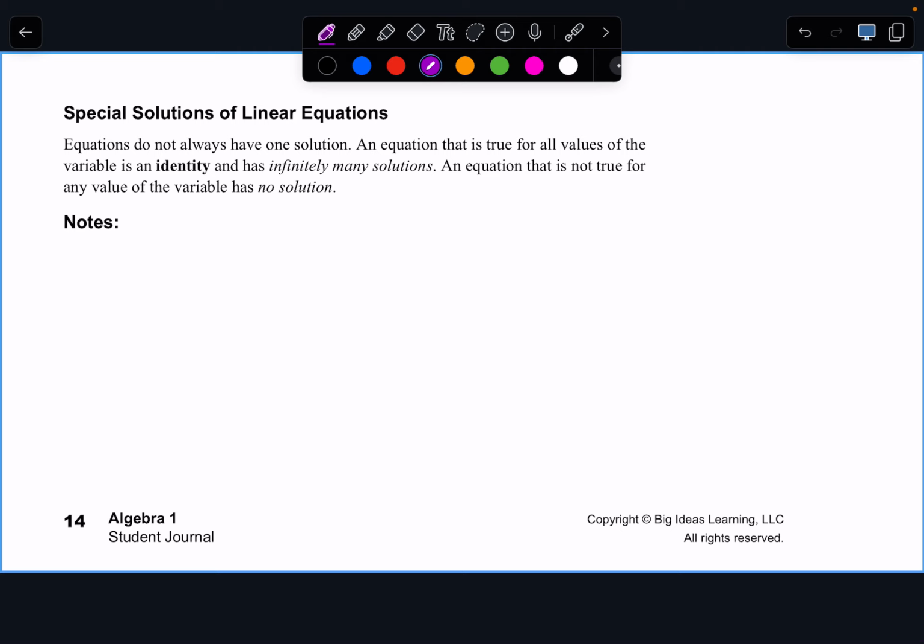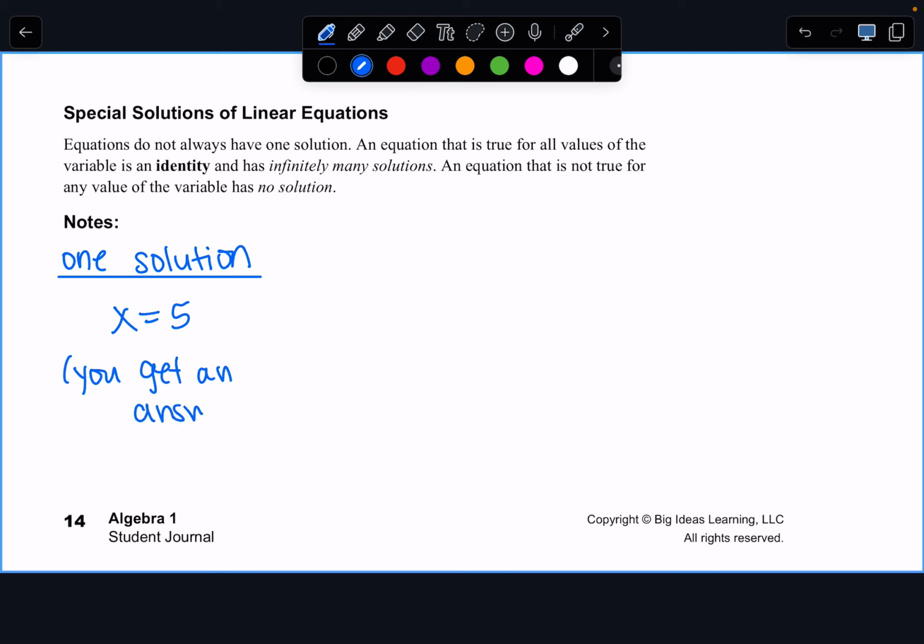So there's three different options for what's going to happen. Option number one is we get one solution, which means you get an answer. This is going to happen a majority of the time when you are given an equation.